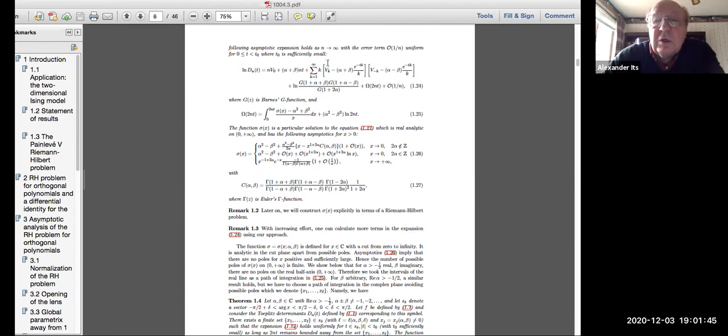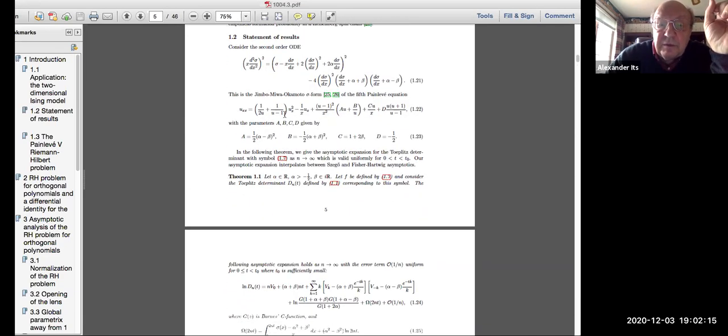This is the deformed Widom constant, the deformed Séguin constant part, which involves g functions, and this is a function omega of 2nt which involves a solution, a sigma solution of this Painlevé 5.